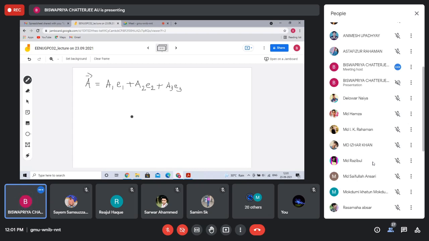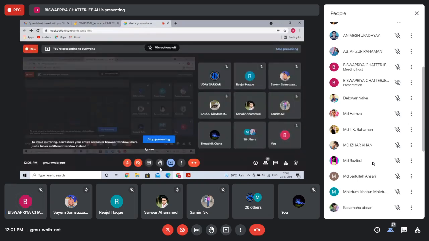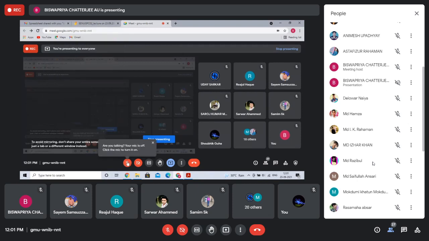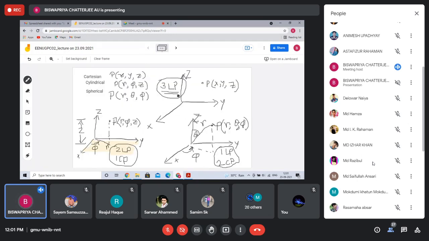What are a1, a2, a3? In any coordinate system, there are three directions.